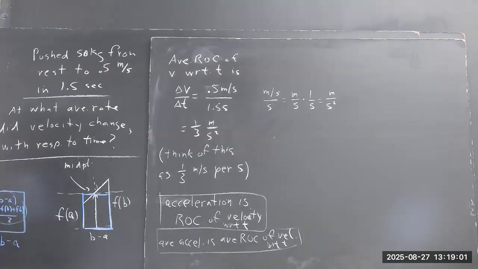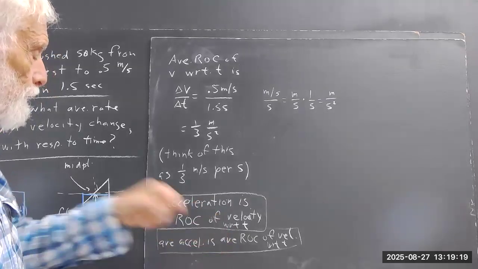It's important for the distinction between impulse, momentum, and work energy. And that's something we'll get to, but we'll worry about it when we get there. Okay, so average acceleration is this.